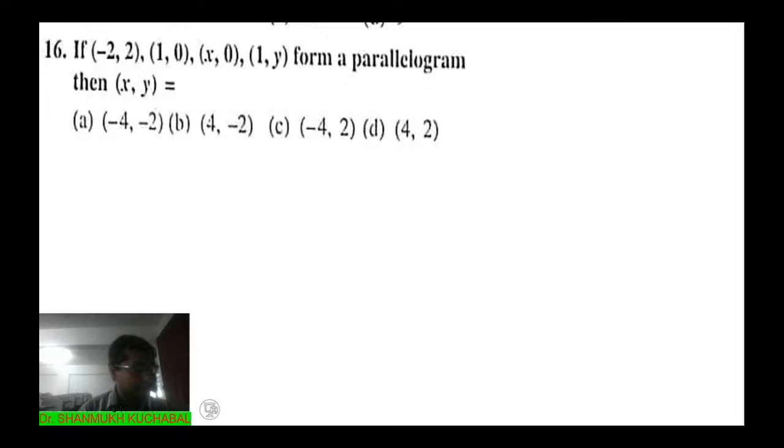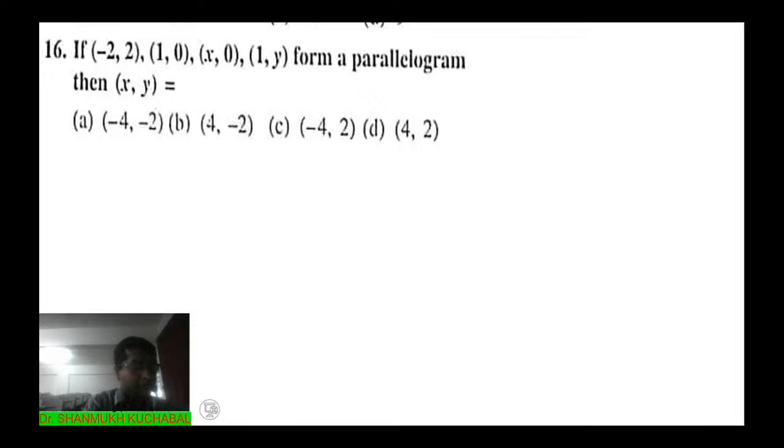Next example: if we have 4 coordinates (minus 2, 2), (1, 0), (x, 0), (1, y) forming a parallelogram, then we have to calculate x and y. Last class we defined a note.